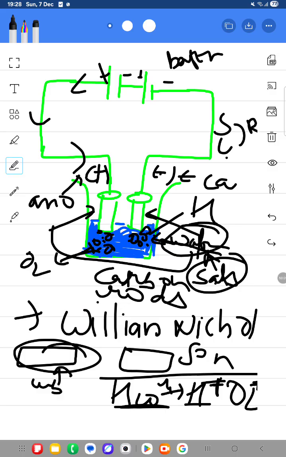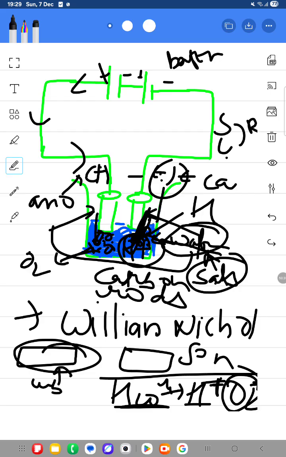Here the charge is negative, but here hydrogen is formed, that is of positive charge, and unlike charges will attract. So hydrogen bubbles will form at the negative terminal, and O2 is minus, means O2 bubbles will form at the positive terminal, because unlike charges attract each other and like charges repel each other. I hope you have understood that.